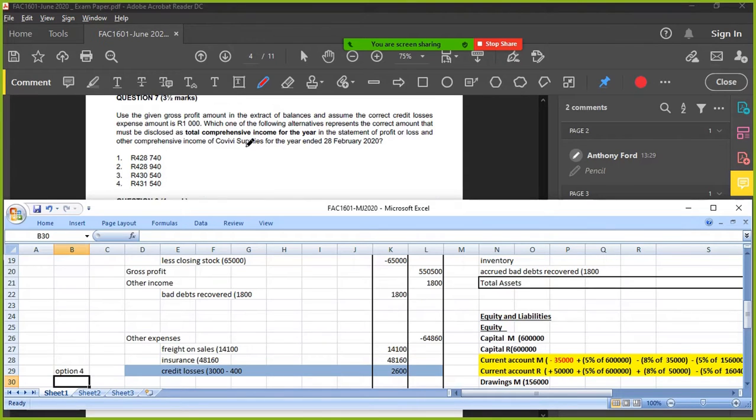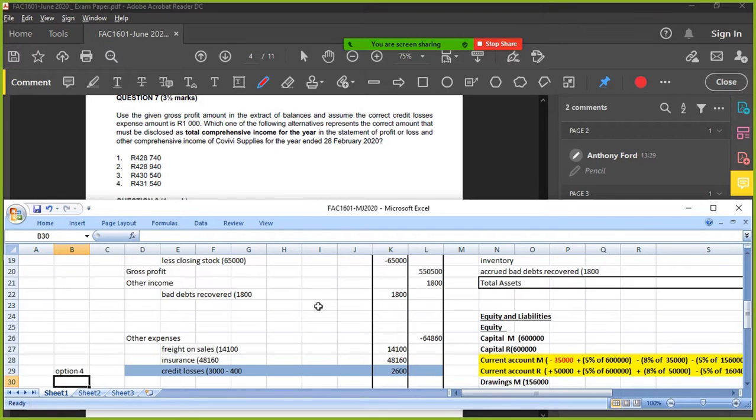Number 7. Use the given gross profit amount in the extract of balances and assume the correct credit losses amount is 1,000. Which one of the following alternatives represents the correct amount that must be disclosed in the total comprehensive income for the year in the statement of profit and loss and other comprehensive income?